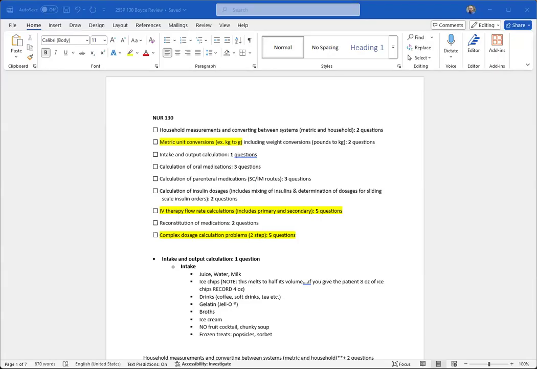Then they add what's called a piggyback, which is a secondary IV bag that's also going to titrate into that. You would just calculate the infusion rate for the secondary bag separate from the primary. They don't necessarily ask questions where they include both. You might see questions like that on ATI, where they try to trick you with additional questions, but I'll show you the types of IV questions they're likely to show you.